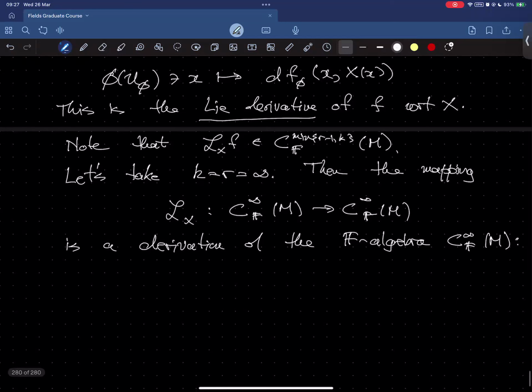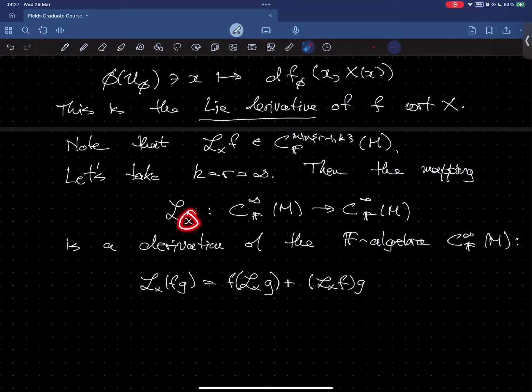We talked a bit about what a derivation is generally, but it means that it satisfies some product rule type condition. And so L_X(fg) is f L_X g plus (L_X f) g. So for every vector field, we have a derivation, and the derivation is that.